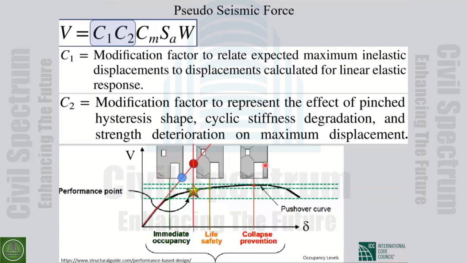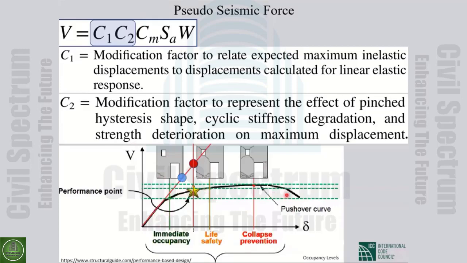The building gets little by little damage, and damage means a reduction in stiffness. So stiffness reduces, and when it becomes unstable, the stiffness will be zero. So that's a very important curve. It shows the capacity of the building with respect to base shear and top displacement of that building.